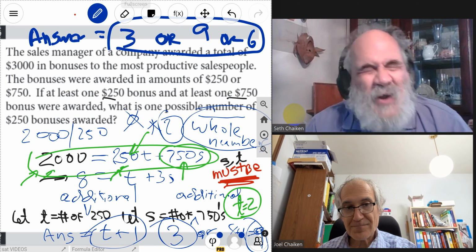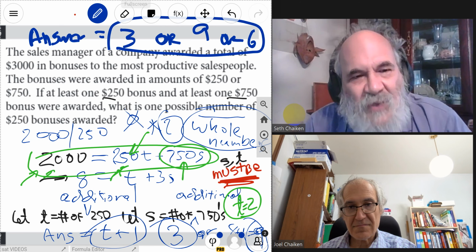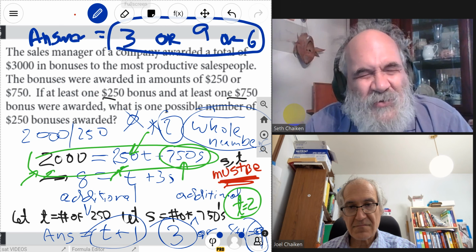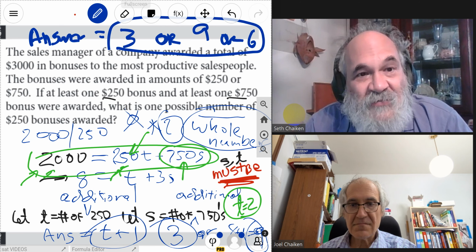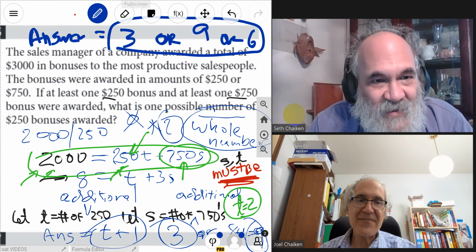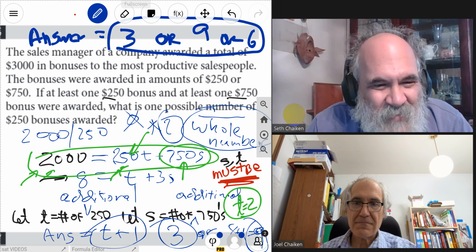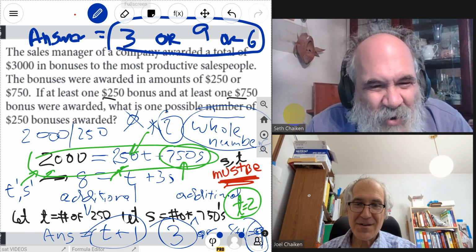Well, another approach is to not choose for your variables the number of additional bonuses, but use for a variable the number of bonuses. Right, and then include the condition. Let's say called T prime and S prime are the number of bonuses.